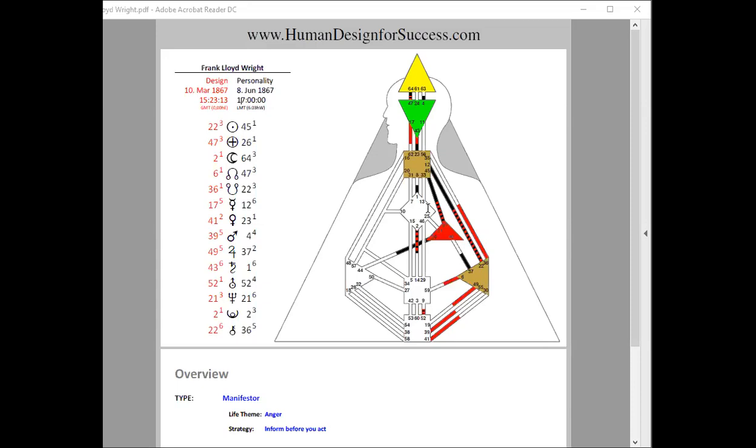I think he had a lot more clarity about that than a lot of others with an open G. And we see the two hanging gates on his open G, the gate 1 and gate 2, are both in the individual circuitry. So he was here to be different from the get-go in terms of his G.